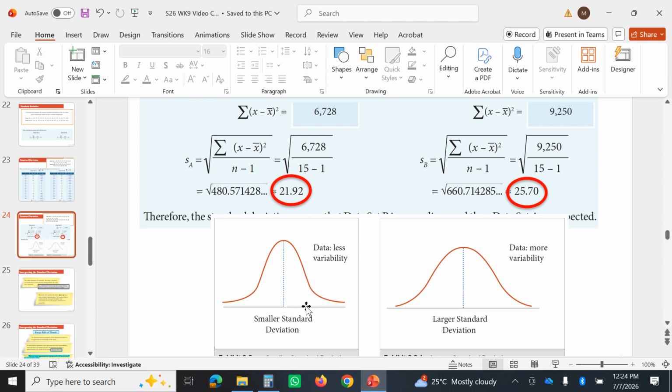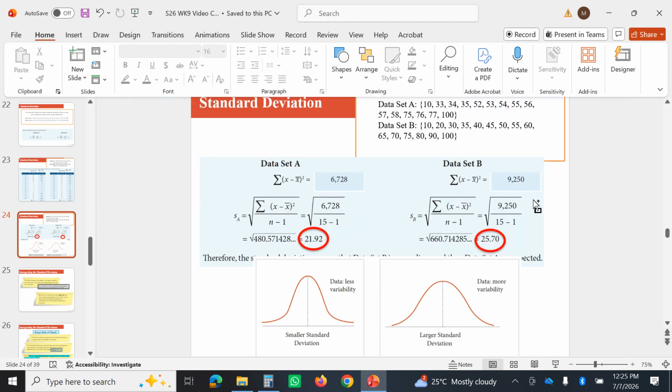And then 77 plus 22 would be 99. And then it would go in reverse, right? This was 55 minus 22, which would be 33. Minus 22, which would be 11. And you see here, that's how we get these standard deviations.